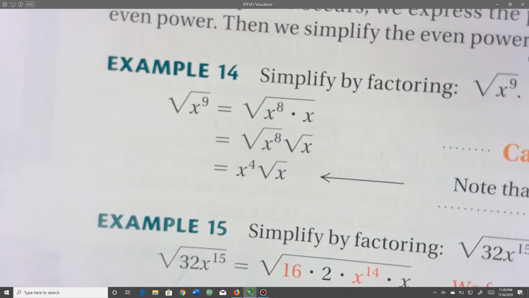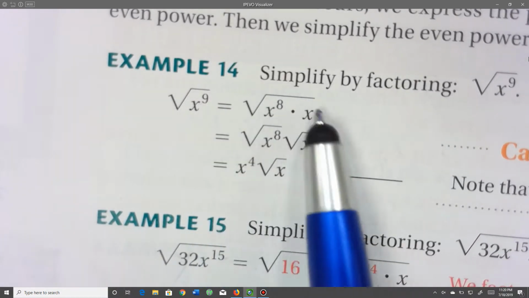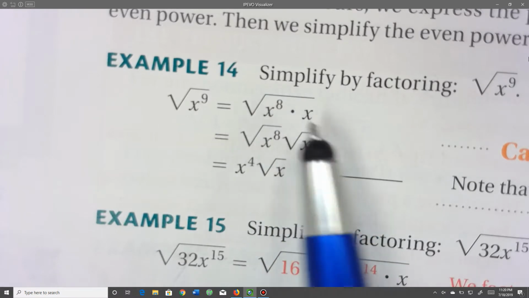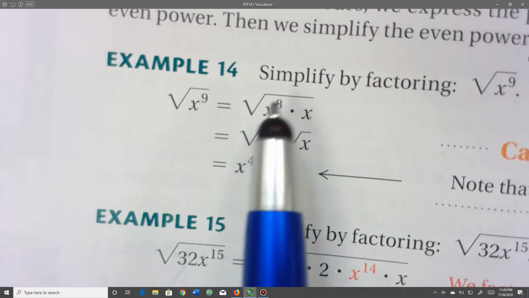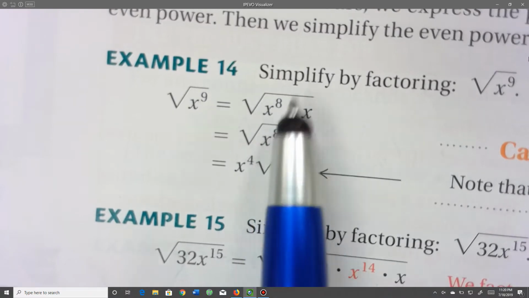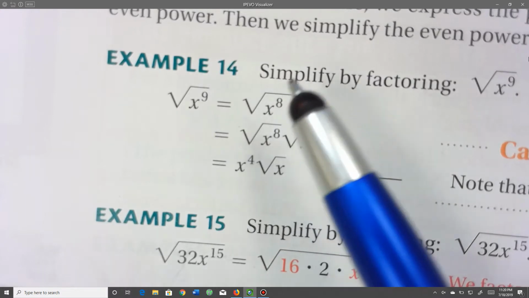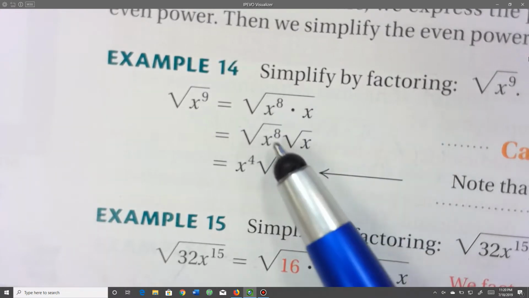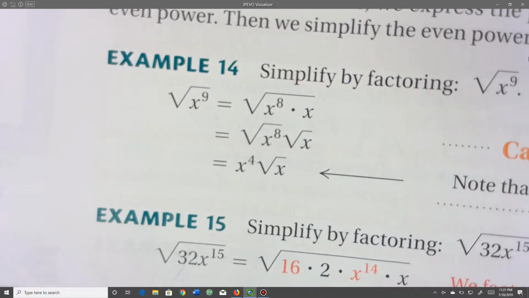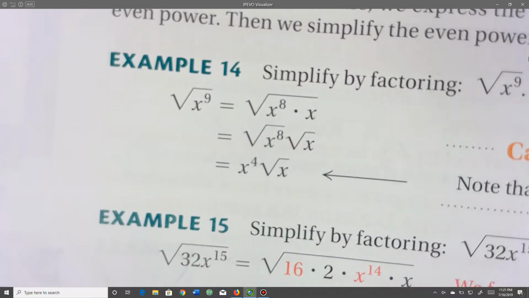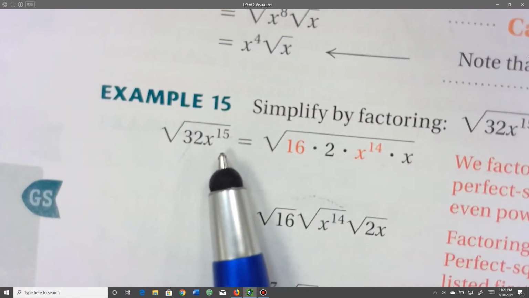If you have an odd number as an exponent, just set one of those variables aside, just one of them, rewrite your exponent, and now you're going to end up with an even power. And now we know that if we have an even power, just half it and square it, bring it outside, and that should be your answer. Again, I would start with my variables.